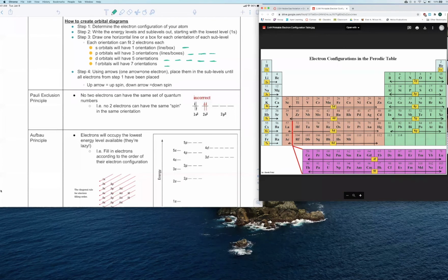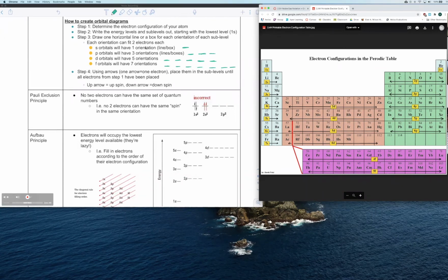So 5, and then f orbitals would be 7. You'll see what these lines, or some people use boxes, are used for a little bit later on. And then step 4 is you're going to have 1 electron that's always spinning up, and then another electron that's always spinning down when you pair them together.